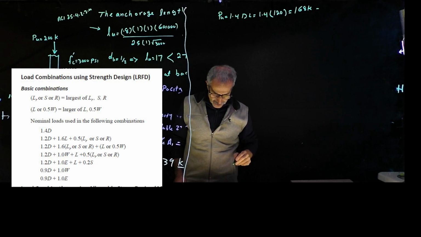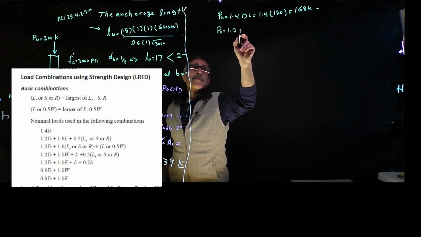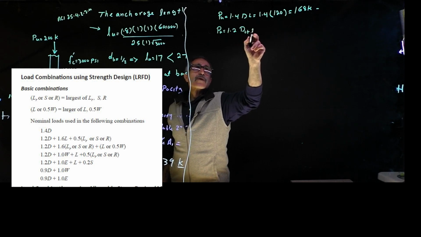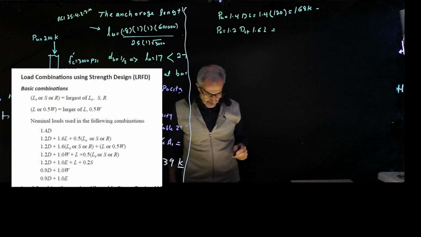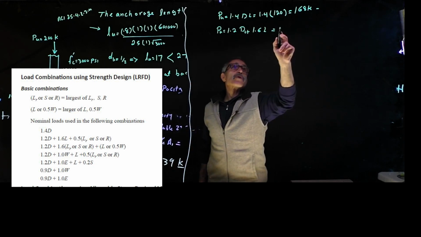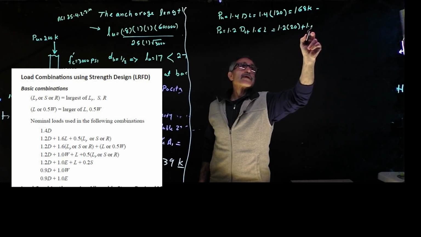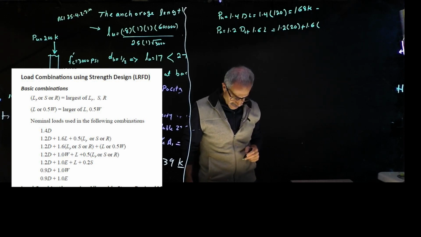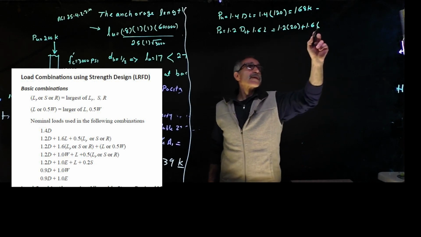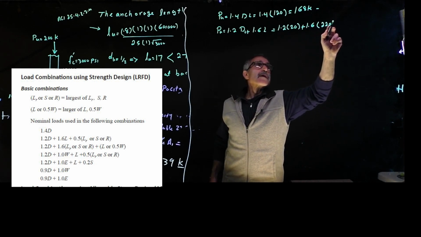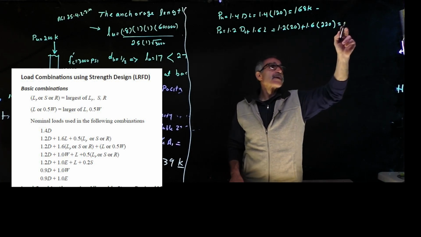The second combination says Pu equals 1.2 times dead load plus 1.6 times live load. So we have 1.2 times 120 plus 1.6 times the live load, given as 220 kips. And that gives me the value of 496 kips.